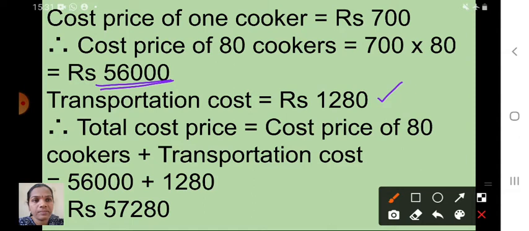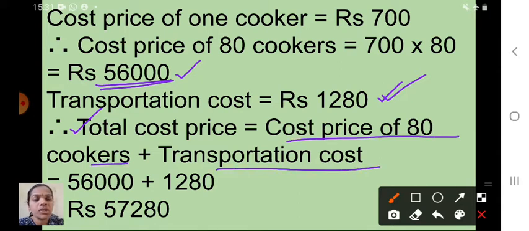Next one is transportation cost, 1,280 rupees. Okay, now this one and this one, we have to add the cost price of the cookers plus the transportation charge. Then only we can find the total cost price. So total cost price is equal to cost price of 80 cookers plus transportation charge.